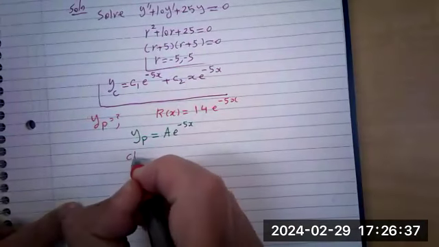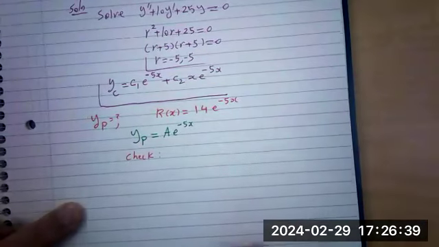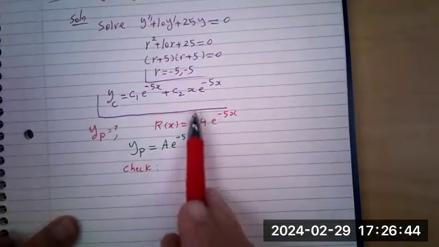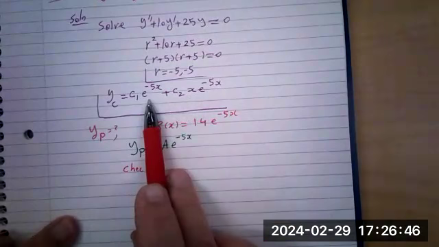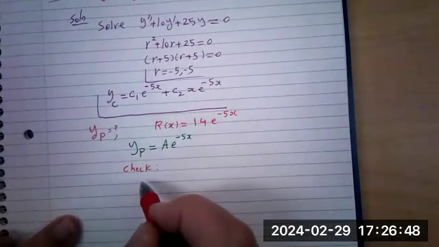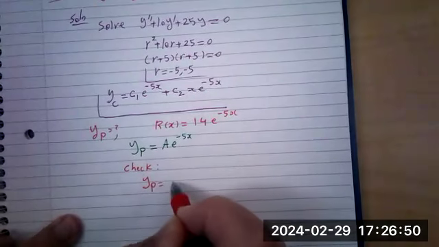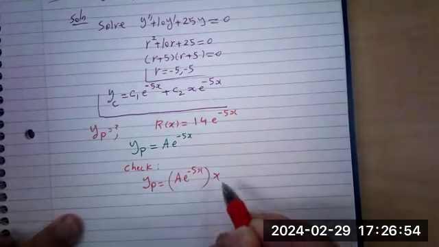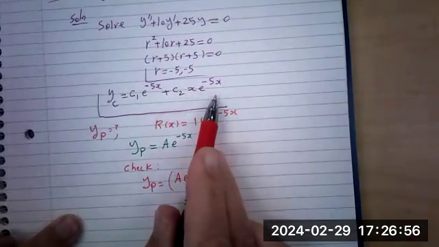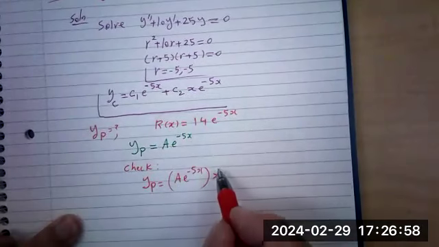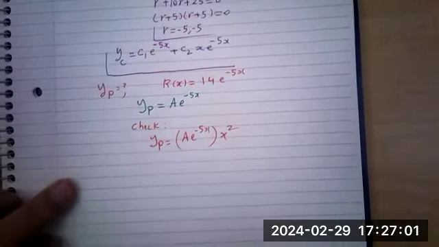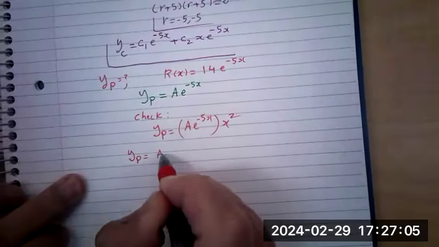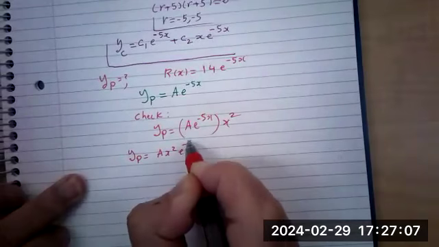Now check to see if it's a repeated solution. As you can see, there is one: e to the -5x is repeated here. So your yp must be a e to the -5x multiplied by x, but x e to the -5x is also here. So you have to multiply by x squared. The suggestion for yp is a x squared e to the -5x.